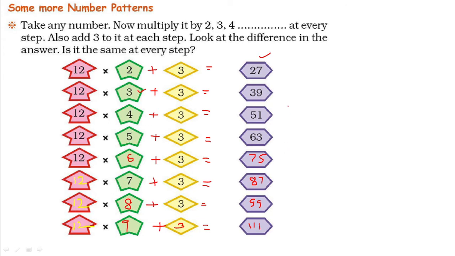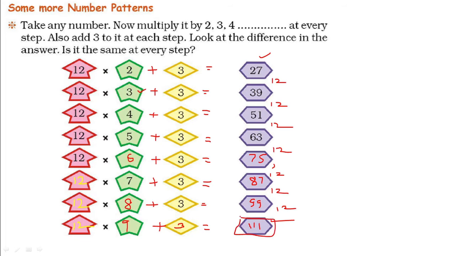Now see the pattern. 27 plus how many numbers? 12. 27 plus 12, 39. 39 plus 12, 51. 51 plus 12, 63. 63 plus 12, 75. 75 plus 12, 87. 87 plus 12, 99. 99 plus 12, 111.